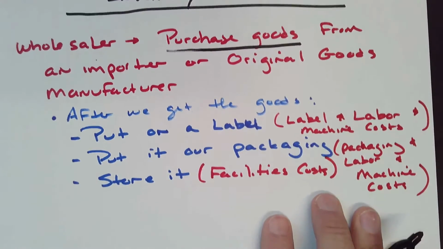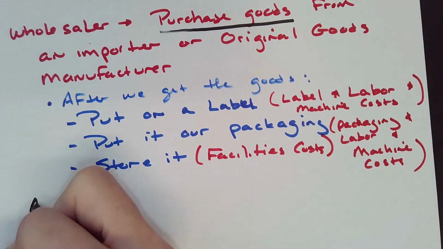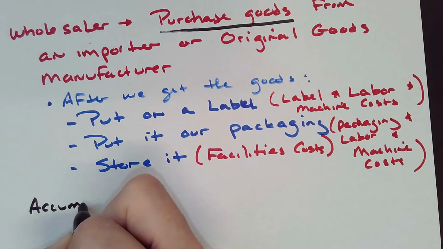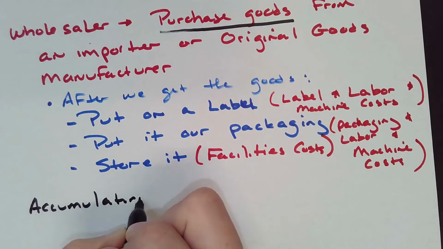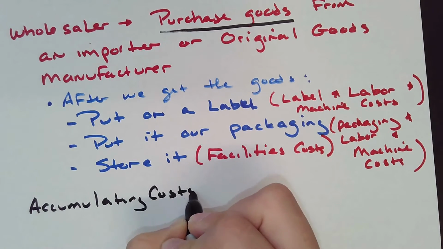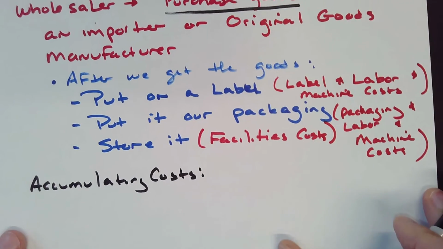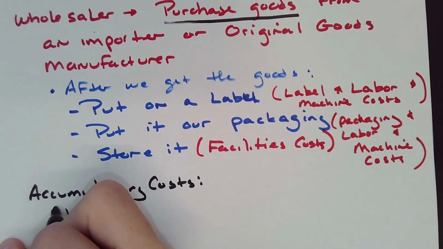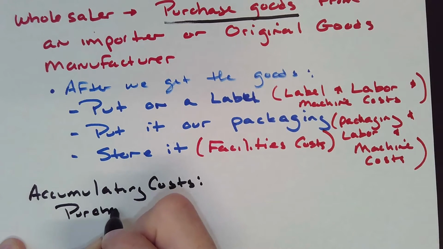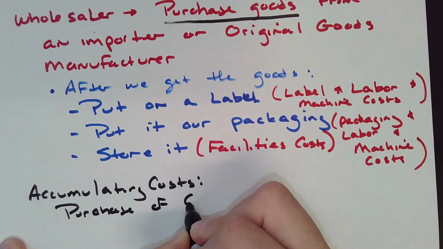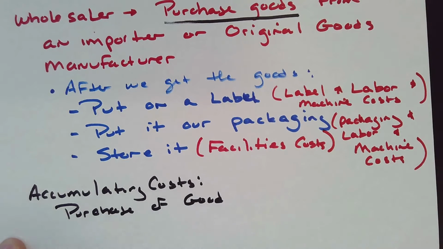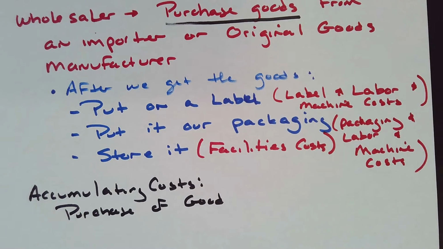So let's start accumulating costs. Right? So the purchase of the goods absolutely goes into the inventory.